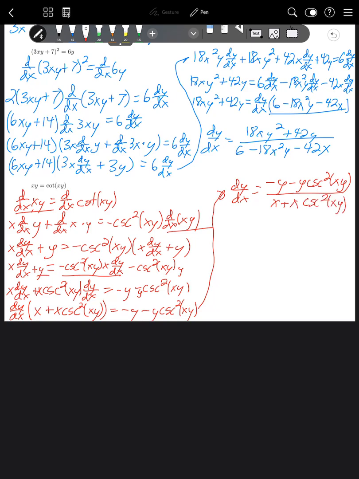And if you look at those and say, wow, those look similar to each other, they should, because if I factor out a negative y on top and a positive x on the bottom, you should notice I now have two factors that are the same. So these cancel, and it turns out the derivative is just negative y over x. So it seems like a pretty complicated thing to start out with, but its derivative is a fairly simple expression in the end.